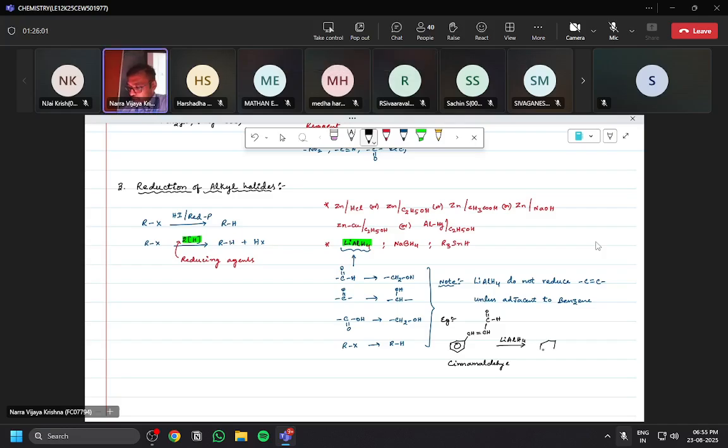Now this carbon-carbon double bond also will be reduced. And this aldehyde group also will be reduced to alcohol. Over. Any questions? Respond. Only benzene, not any other cases. Done, sir. Next.